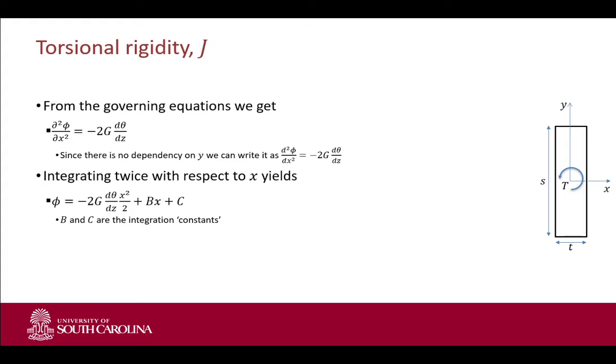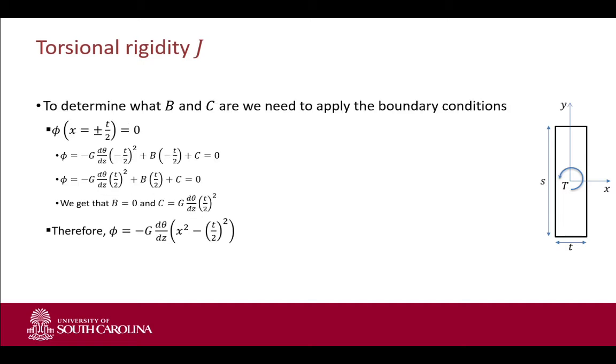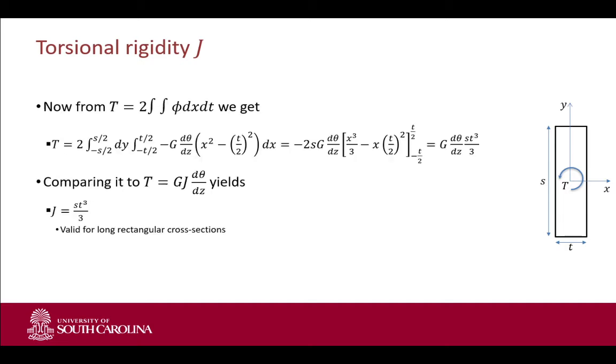We integrate twice with respect to x and get our integration constants b and c. We evaluate our function at the boundaries of x, at minus t over 2 and plus t over 2. We know that the stresses at those boundaries must be equal to 0, since tau xy is equal to 0 in a pure torsion case. Therefore we can compute our stress function phi.